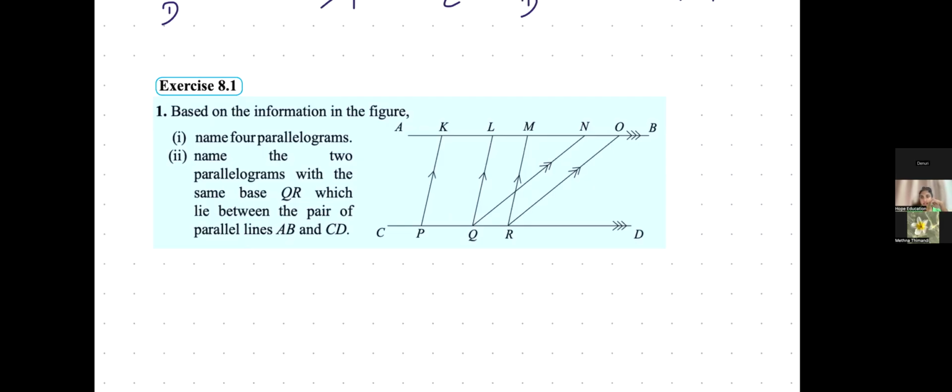This is not that difficult. Can you all hear me? Okay, K, L, P, Q, K, M, R, P, R. K, what? K, L, P, Q.